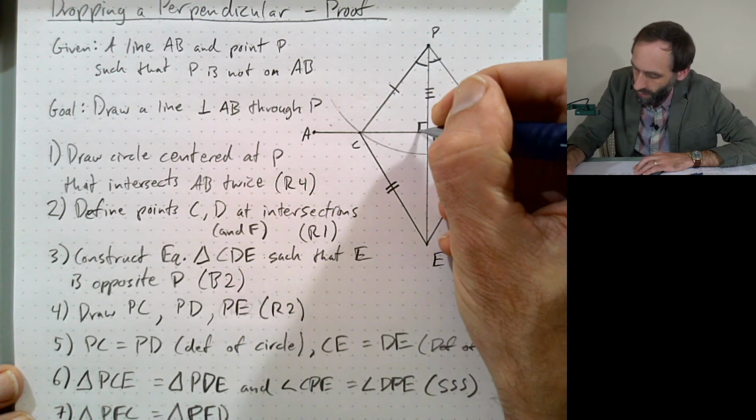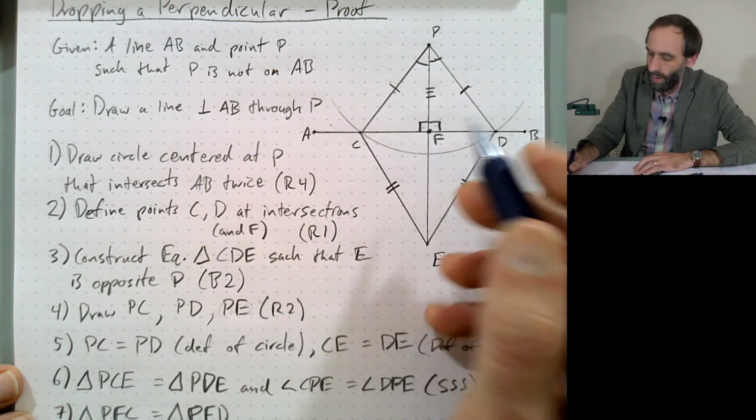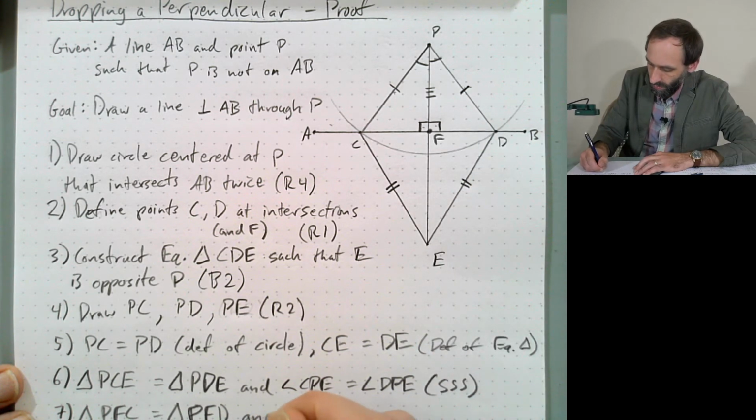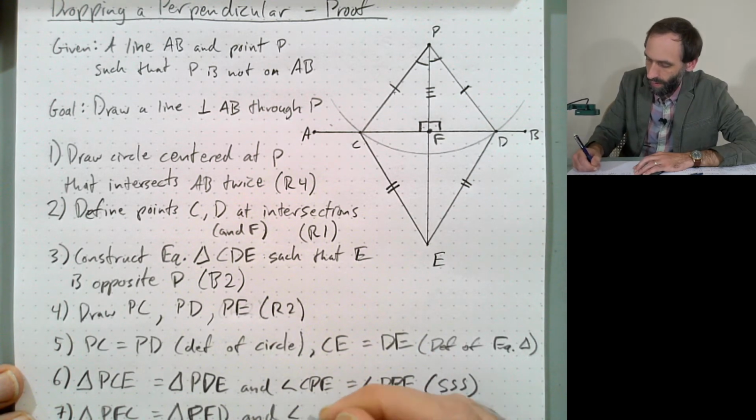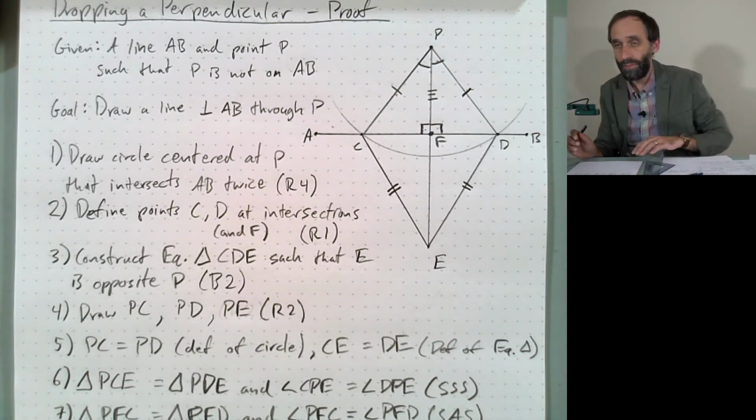Since the two triangles are equal, these two angles here, which are part of those two triangles, must be equal. So angle PFC is equal to angle PFD by side, angle, side.